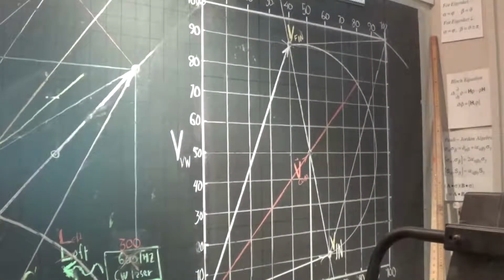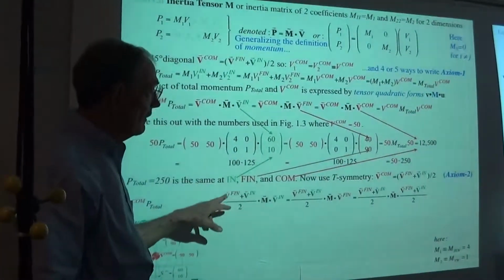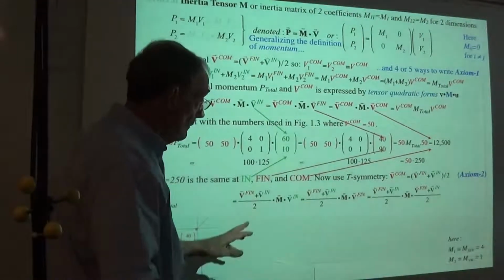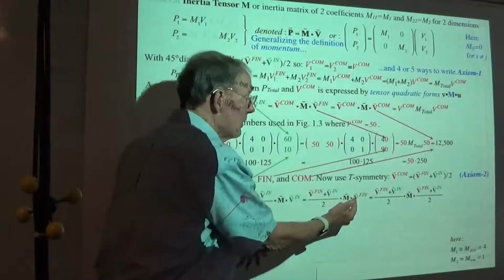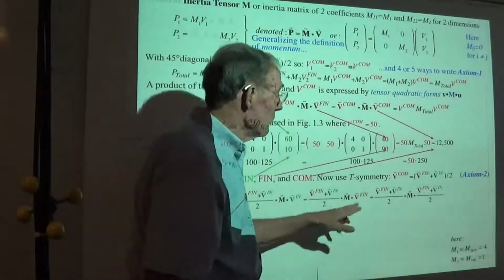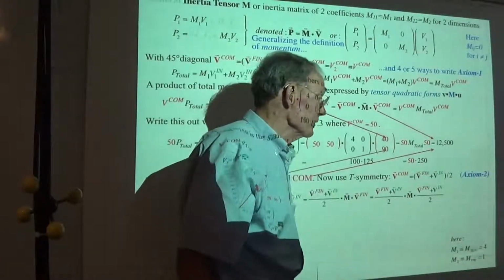That's the key thing. So that's what we're actually making here, that V_COM vector sitting right there, but written in terms of initial and final. Okay? And multiplying this thing with the initial, multiplying this thing with the final, is supposed to be equal. And then the whole thing is supposed to be equal to that, V_COM dot V_COM.